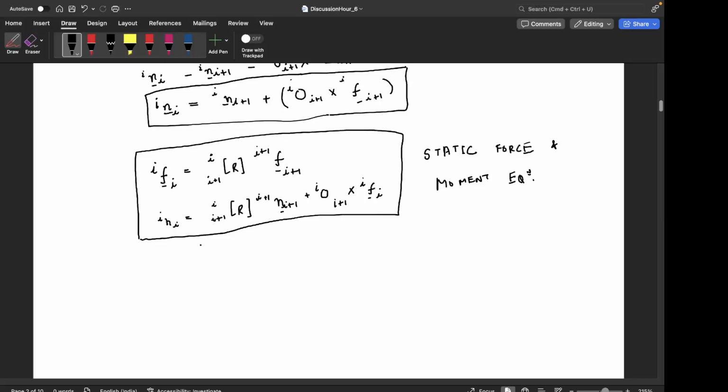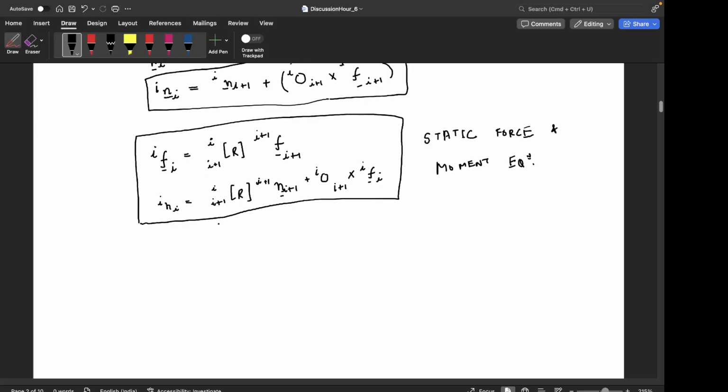In case of forces, we do inward recursion because we know the forces that are required at the end effector, and from there we keep on coming in towards the base one link at a time, and we keep on writing these equations at each step.